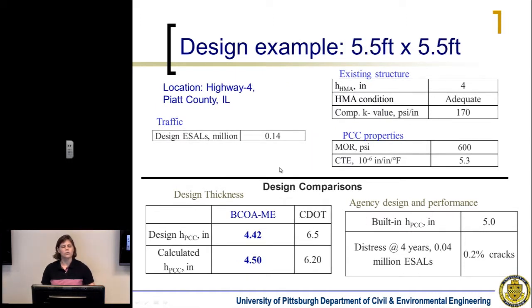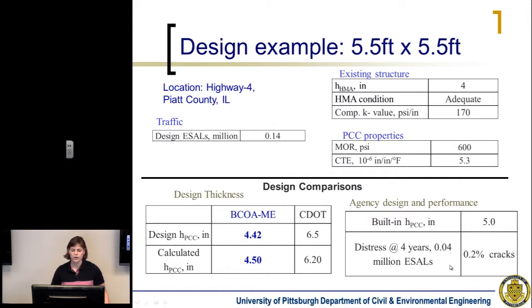Now we're going across to Illinois, and we have lower traffic here with 0.14 million ESALs. Again, an asphalt thickness of 4 inches, and here we have a modulus of rupture of 600. So what was built was 5 inches. It's at 0.04, so about a third of the way through.